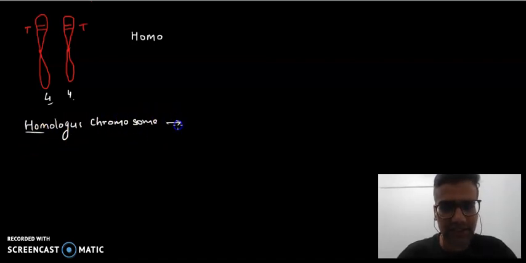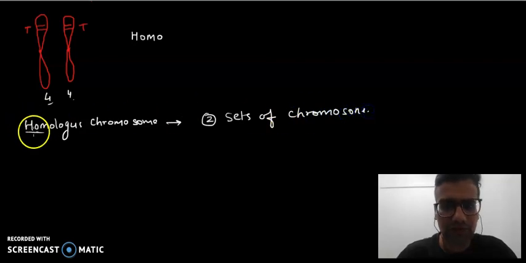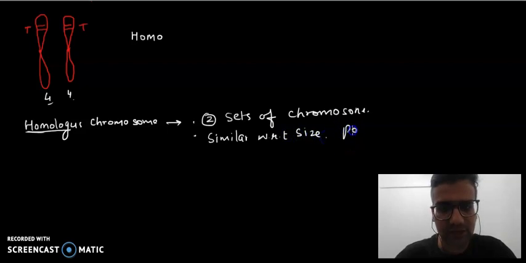That is, there are two sets of chromosomes, and this set of chromosomes are similar with respect to size, position of centromere, and position of gene.